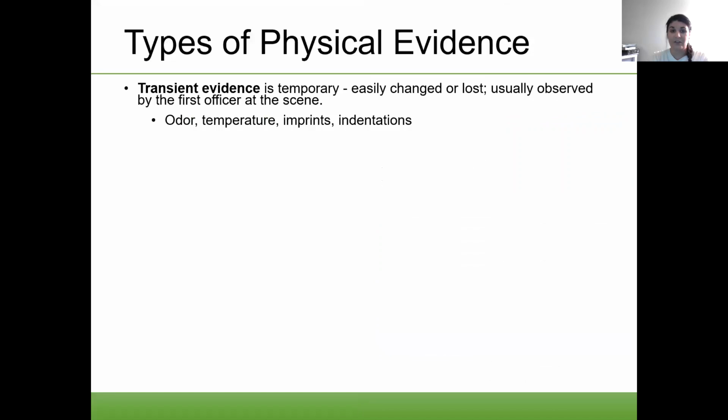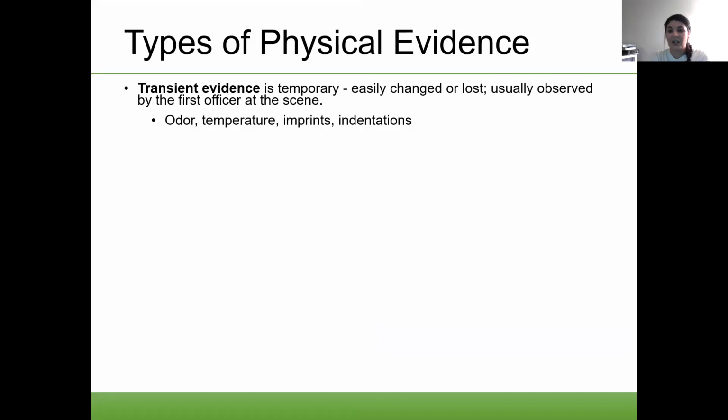So types of physical evidence. Transient evidence, which is temporary. It's easily changed or lost, and it's usually observed by the first officer on the scene because it's easily lost or changed, like the odor, temperature, imprints, indentations.